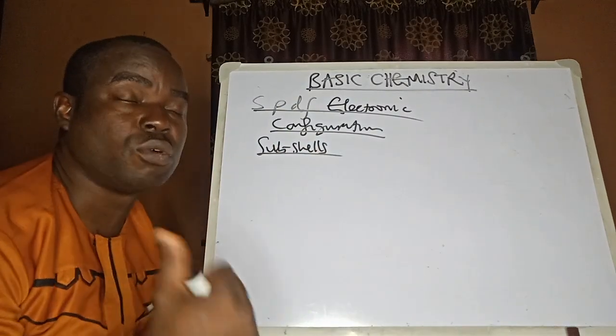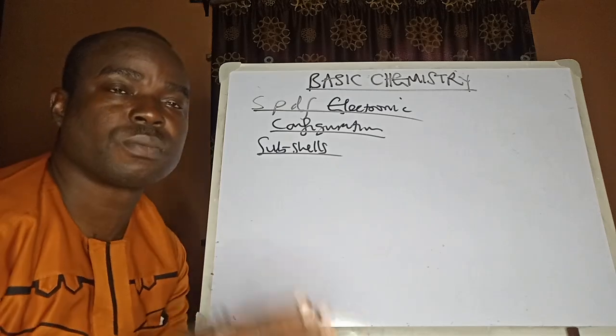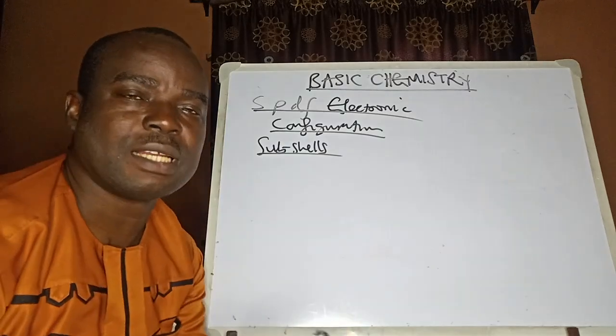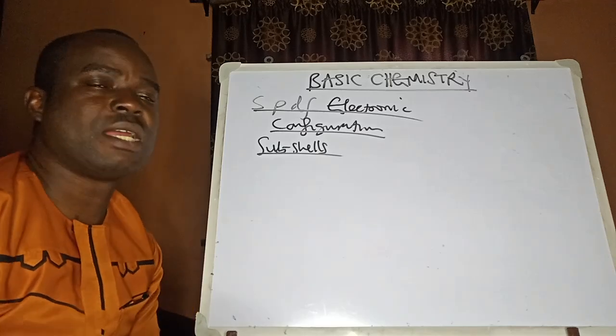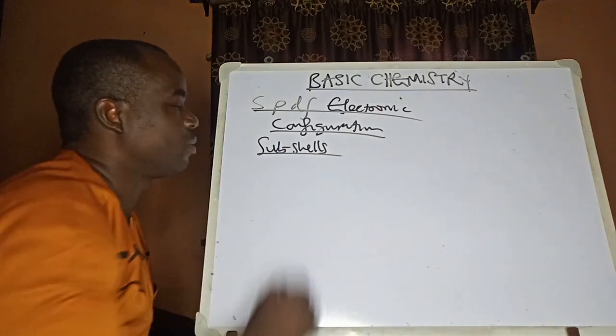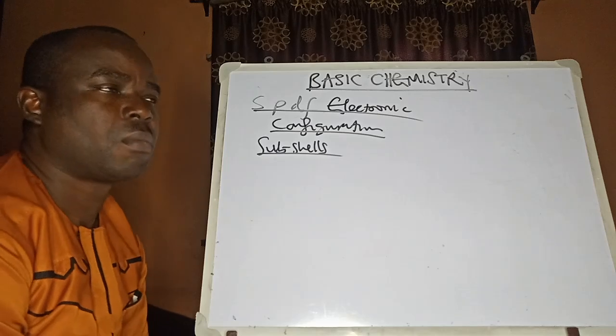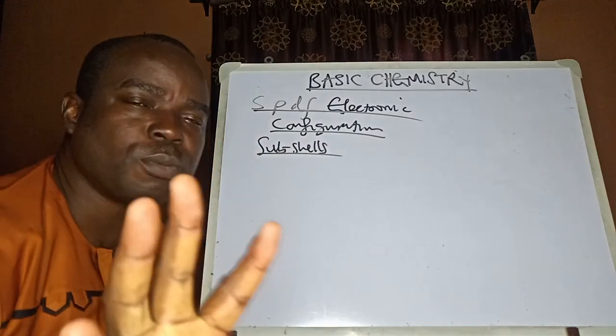In the previous video, I told you about the shells in an atom, the KLMN shells, right? So here now, let's look at the subshells in an atom. In an atom, we have 4 subshells.